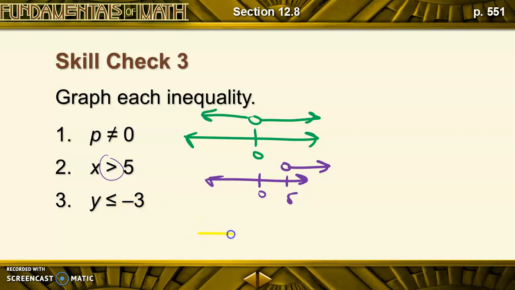We're going to have a number line, 0 in the middle, at negative 3, and it's going to be a closed circle. This is a terrible color choice. Alright, closed circle pointing to the left because the arrowhead points to the left. And that's how you graph inequalities, and that's your introductory lesson to algebraic inequalities. Hope you loved it, guys.